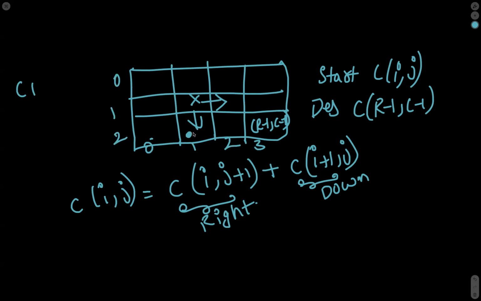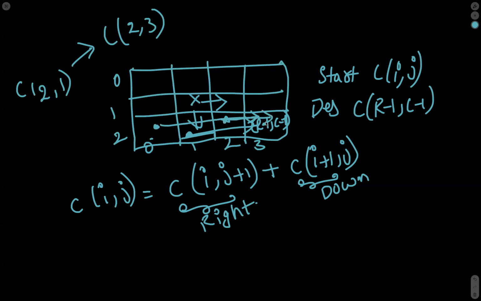So the index of this cell is 2 comma 1. If I am starting at 2 comma 1 and I want to reach C of 2 comma 3, there is no other way. If we are starting from here, there is only one path, in the rightward direction. In the same way, if we are starting here, there is only one path to reach this destination, and the same from here.